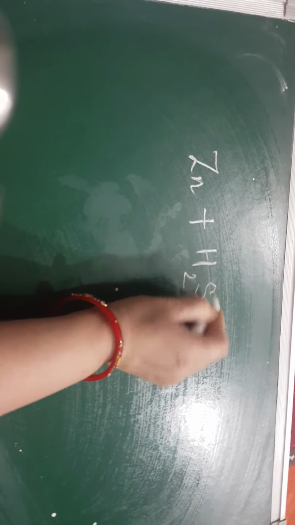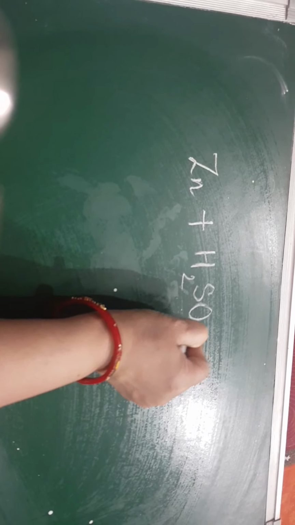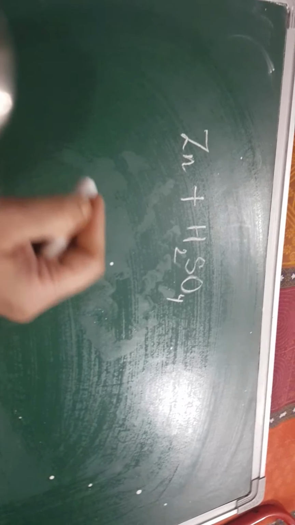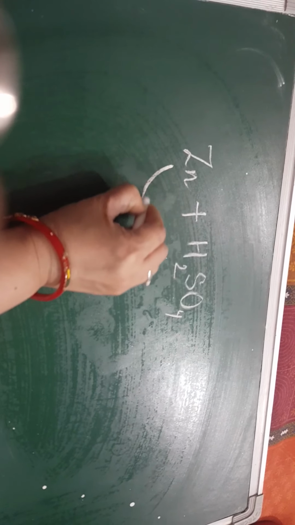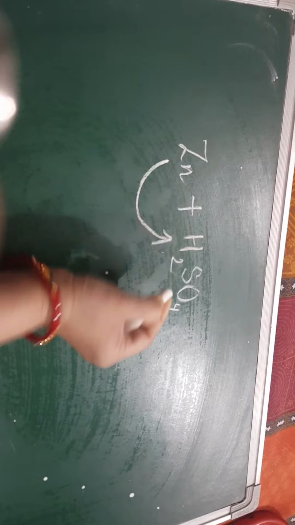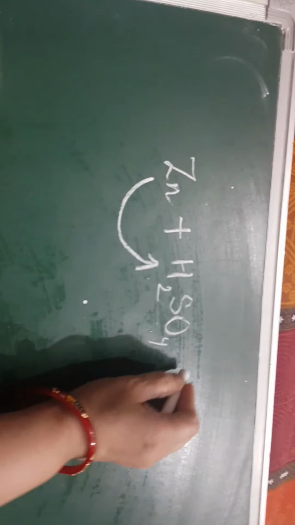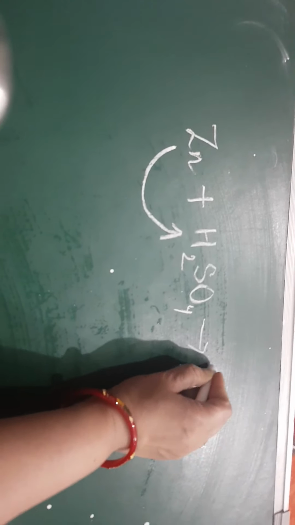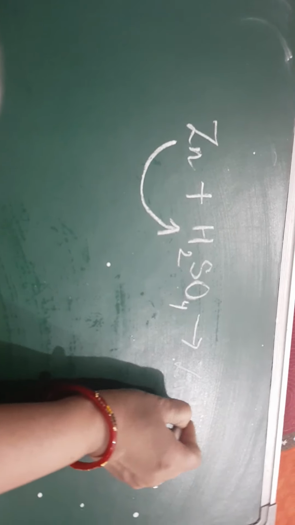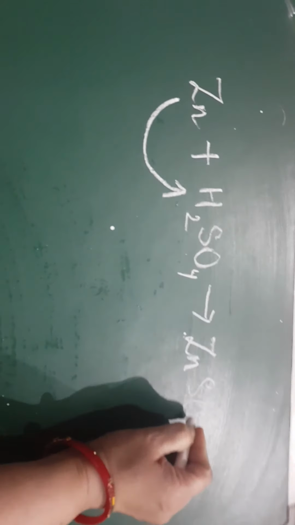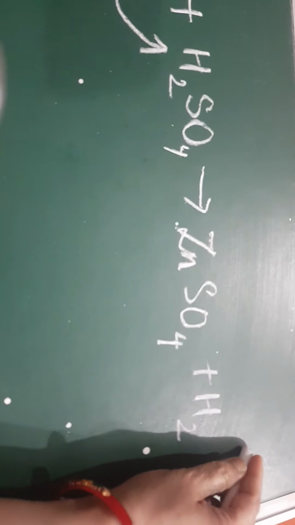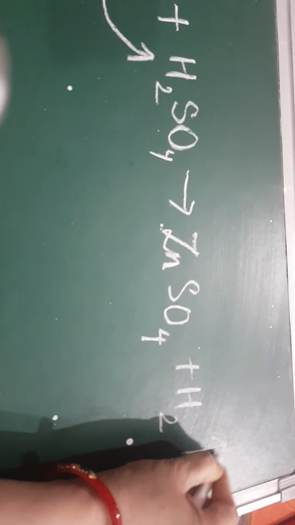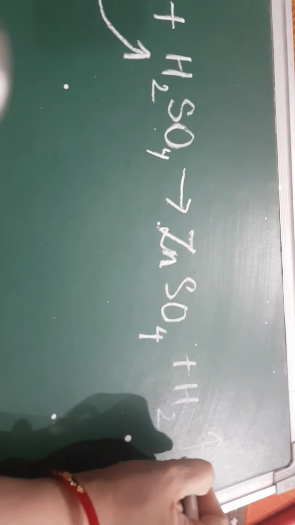We all know zinc is more reactive than hydrogen because zinc is placed above hydrogen in the activity series. So here zinc can displace hydrogen from acid and we'll get zinc sulfate, ZnSO4, plus hydrogen. As hydrogen is a gas, we can make an arrow which shows it is a gas, it escapes out.